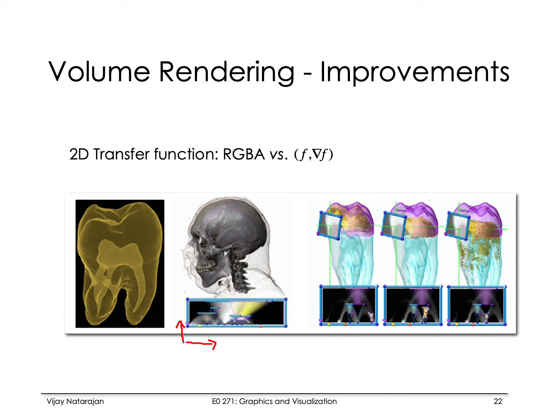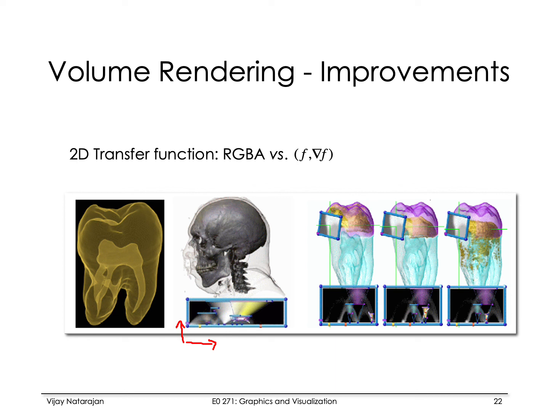So it indicates the mapping from this scalar value and gradient magnitude to color and transparency. This 2D transfer function may be used to highlight surfaces, as is shown here on the right.